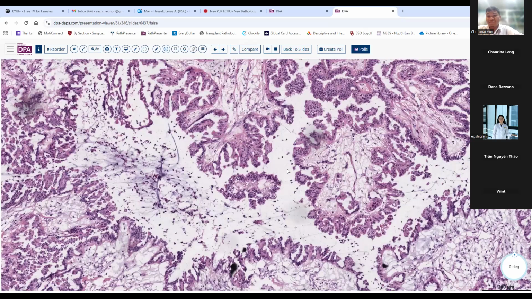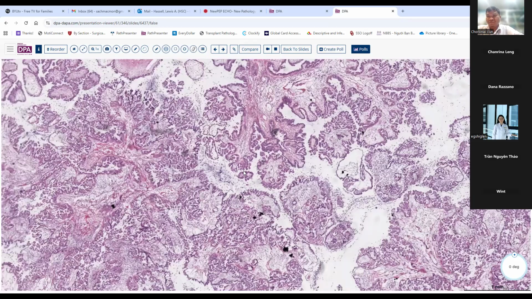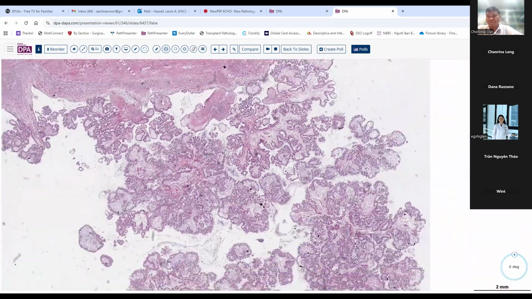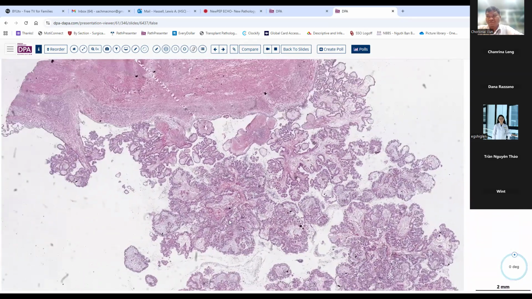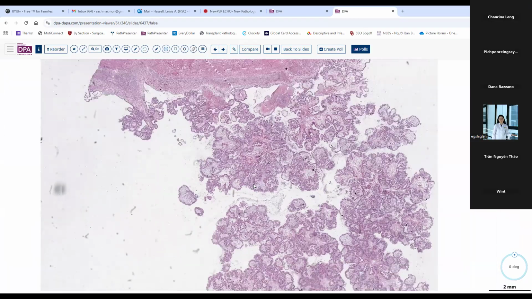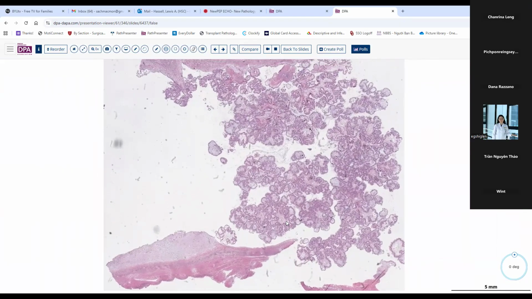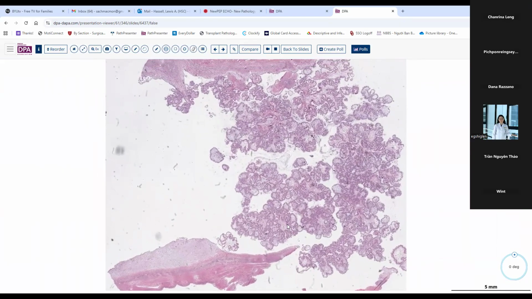I was going to say, just to stress the gross examination, I have made it a habit that if a surgeon gives me an ovary with fallopian tube with an ovarian mass, I always look at the fimbria. If I can see the fimbria and it looks okay, then I feel like I'm probably not dealing with a serous carcinoma.